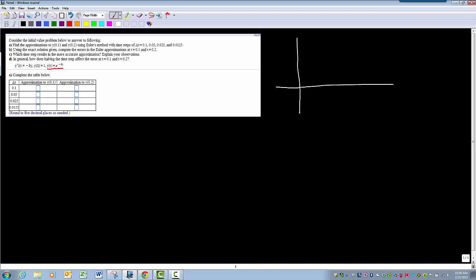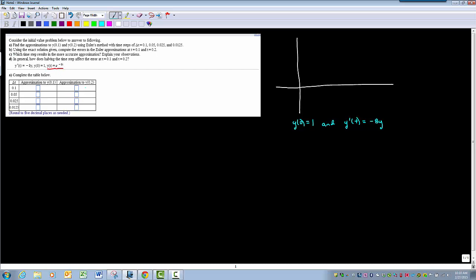All we really know is the initial condition: y at time 0 is going to be 1, and we're given that y prime, the derivative, is equal to negative 8y. Again, this piece here in the red is unknown, so we're going to use that later. Actually, we're going to use that for part B.